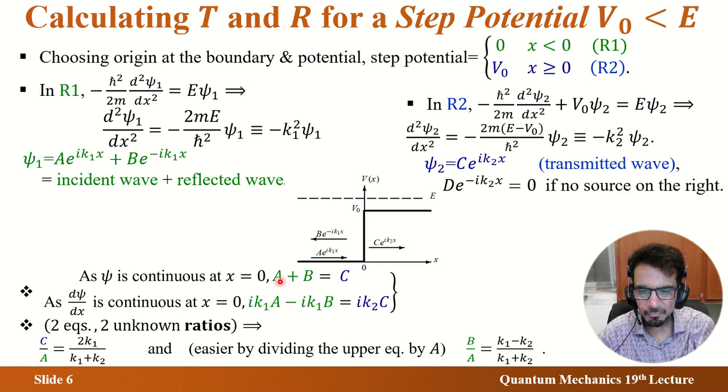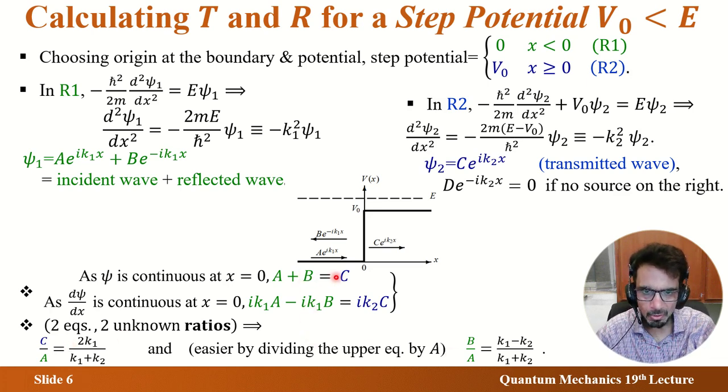If you have to do that, you better divide the second equation by iota k1, so that here you have A, and here you have B, and you add, and B is eliminated. You have only A and C, their ratio. This is a one line calculation, and I think I've almost spoken it. Otherwise you can do it with pen and paper in one line, and you get the C over A ratio because B is eliminated.